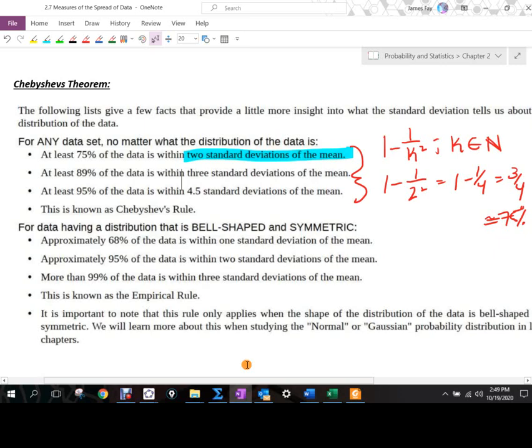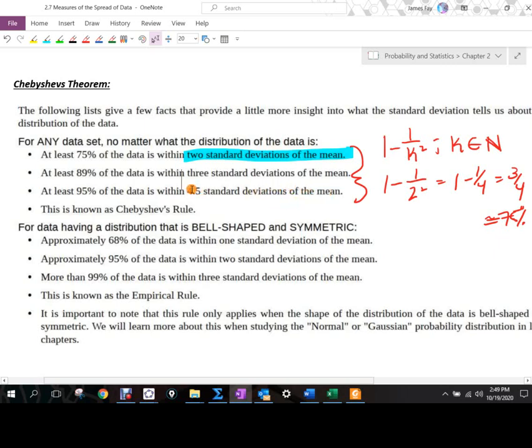Those are called confidence intervals, and those confidence intervals have a foundation in understanding these distances of standard deviations away from the mean. And we'll better identify what that's called in a moment.